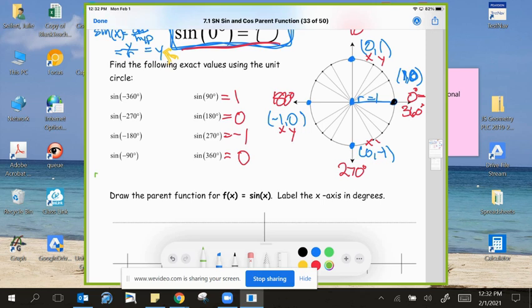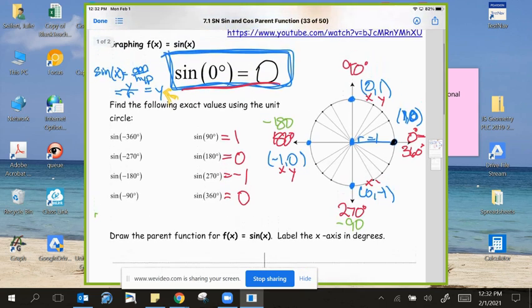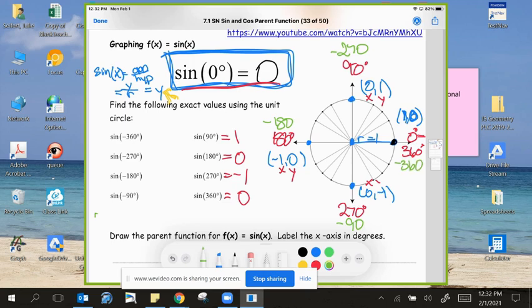So when we rotate clockwise for the negative angles, straight down is negative what? Straight down is negative 90. Then left would be negative 180. Then top would be negative 270. And again, on the right would be negative 360.